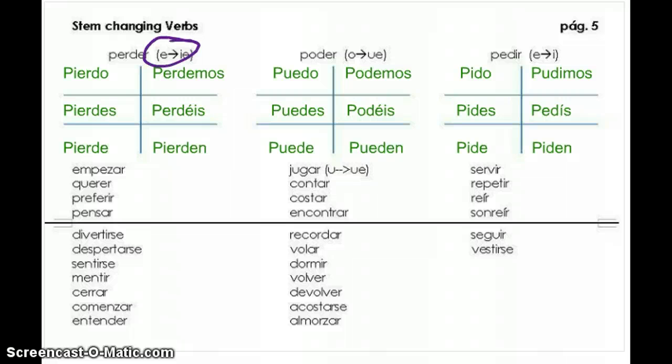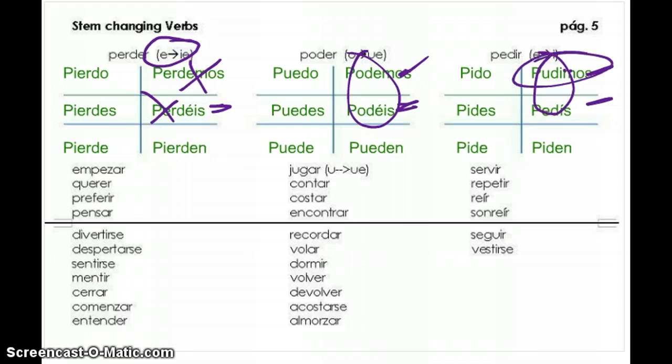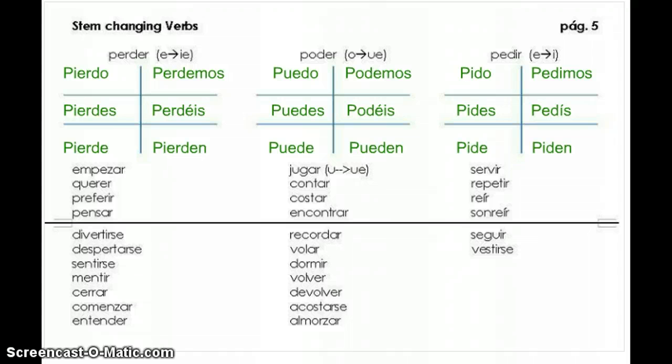Again, I've got my E to IE everywhere except for nosotros and vosotros. That's new for those of you who don't practice vosotros very often. Those are not going to change. You see those stems aren't changing there. Oh, sorry, this right here is an auto-correcting error. Hold on. All right, back on track.